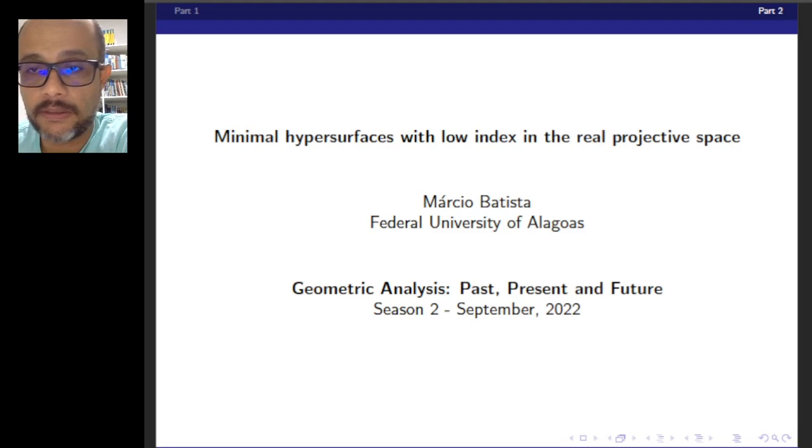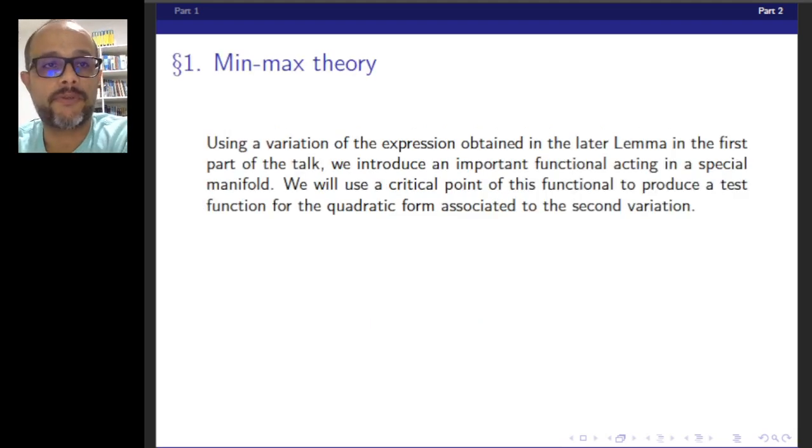Okay, let's start with the first slide. In this slide, I give a motivation for the functional that we will introduce now.